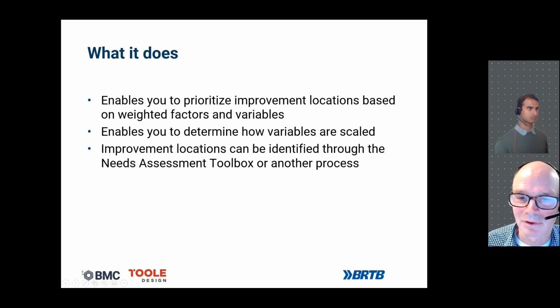So there's a need to put those on the same scale so that they're comparable to each other, and that's what scaling is. And then finally, the improvement locations that are used by the toolbox can be identified either through the needs assessment toolbox that is provided with the Pedestrian Infrastructure Assessment Toolkit or through another process.